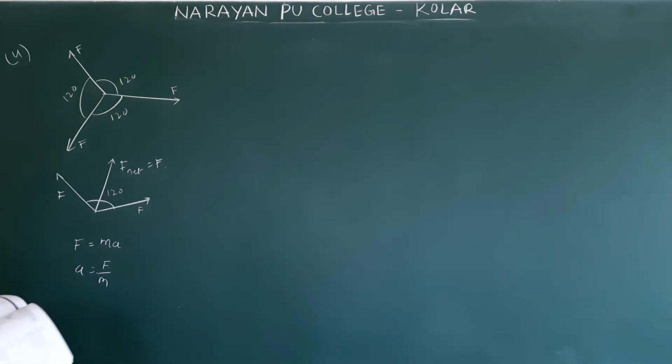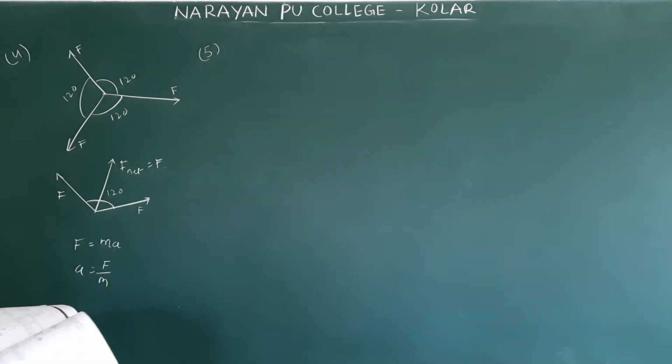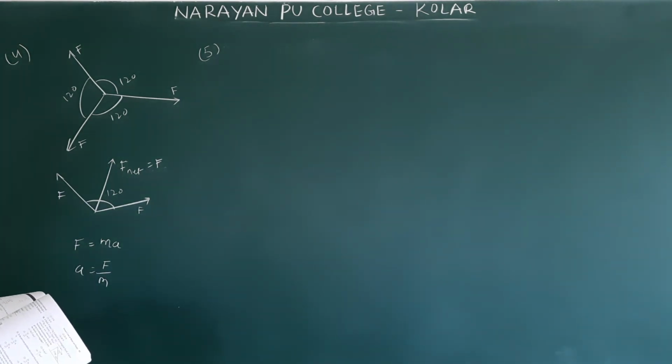Next, the fifth one. The force acting on the particle is F = −kv, k constant. If the initial velocity of the particle is v0, the velocity of the particle in terms of time t is?